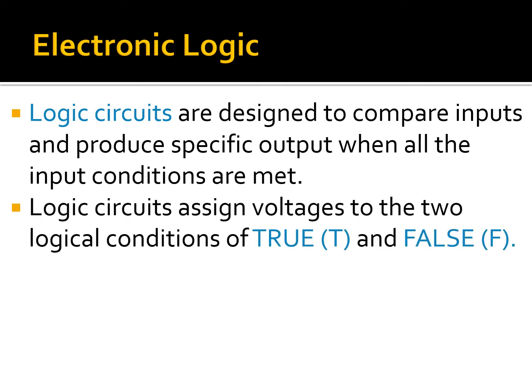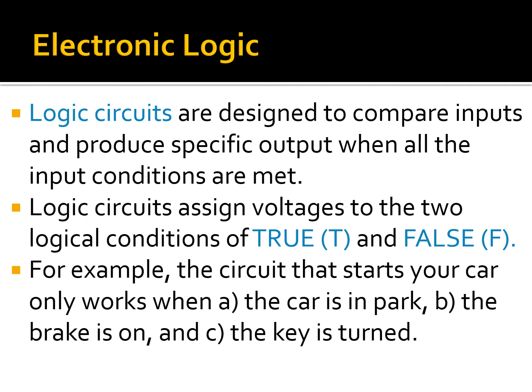So logic circuits assign voltages to the two logical conditions of true and false. For example, the circuit that starts your car only works when the car is in park, the brake is on, and then the key is turned.